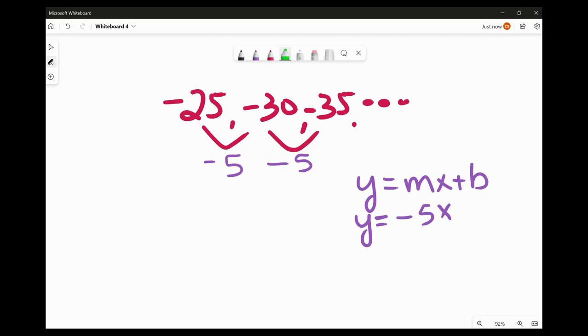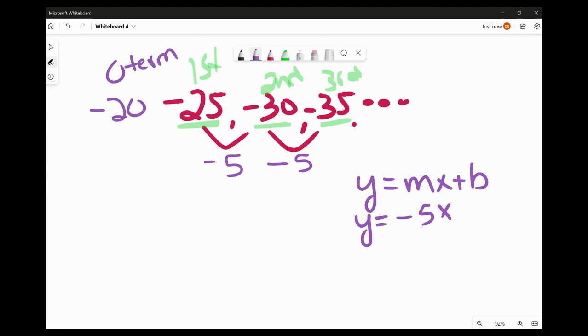When I give you a sequence, this is always the first term, second term, third term. So I can always go back one term to what I call the 0 term, or the y-intercept. Instead of subtracting 5, I'm going to add 5, and I would have -20. You can see how that would follow the pattern. That would be my y-intercept.